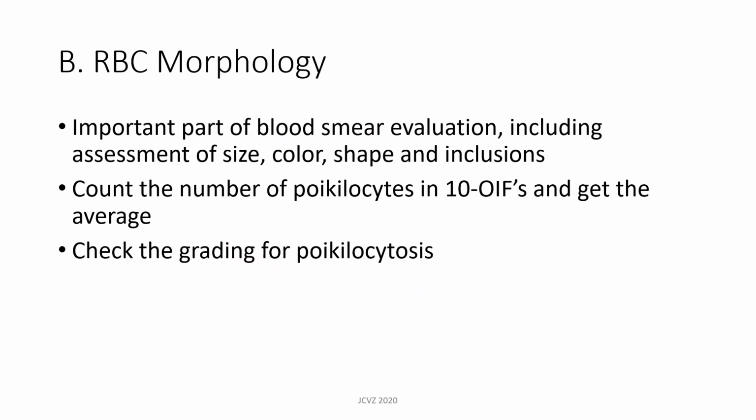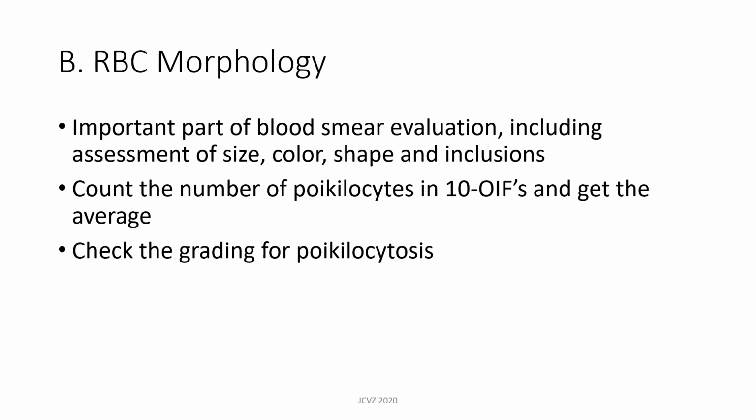After your platelet estimate, another evaluation that we can do using your oil immersion objective is the evaluation of RBC morphology. The RBC morphology encompasses the size, the color, the shape, and even the inclusions of your red blood cells. So what we need to do is count the number of poikilocytes.